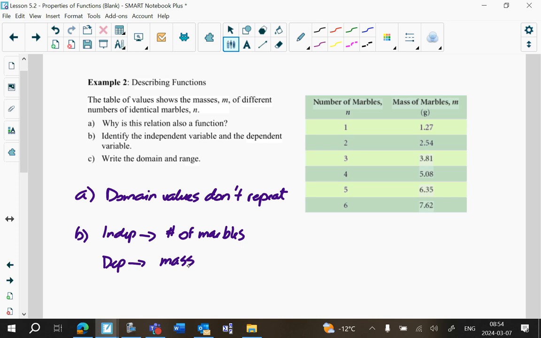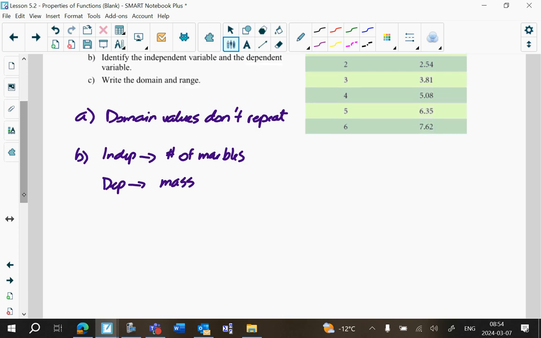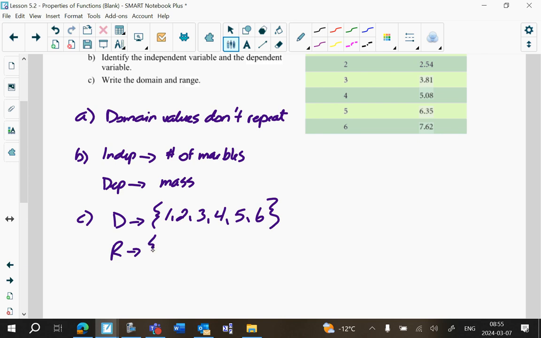And finally, write the domain and range. Remember, braces. So you just write all the values in the independent variable column for the domain. So 1, 2, 3, 4, 5, 6. And then you write all the corresponding masses from the dependent variable column.